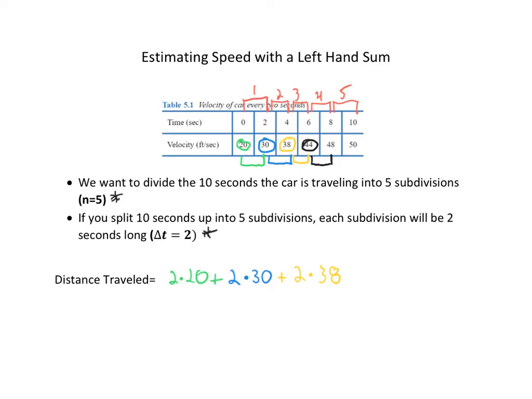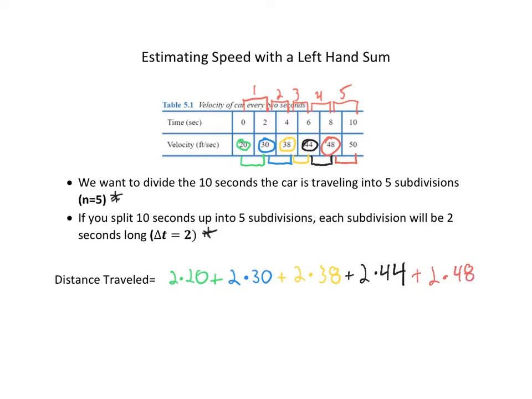So plus 2 times 44. And then the last interval from 8 to 10 seconds, I'm going to guess the car is traveling 48 feet per second. So for 2 seconds, we're doing 48 feet per second.